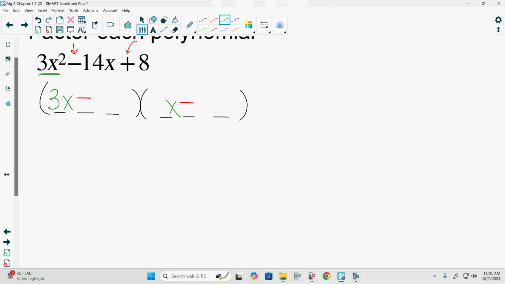Let's say they're going in the first spots, so 3x and x. Factors of 8, on the other hand, we have 1 and 8, 2 and 4. Now we need to pick which one of these we're going to use. Do you want the 2 in the first spot? Okay.